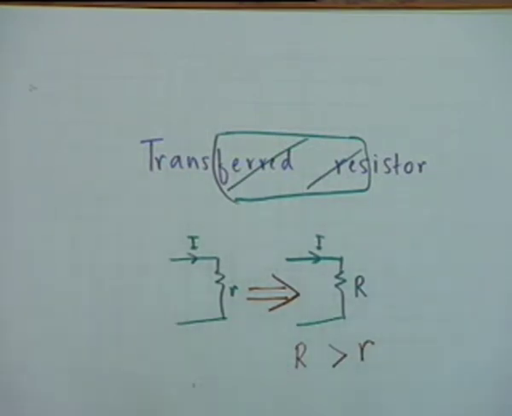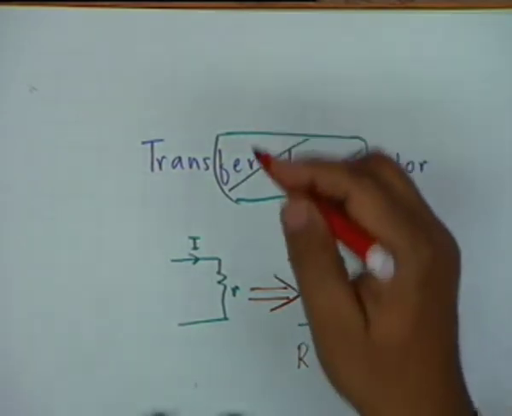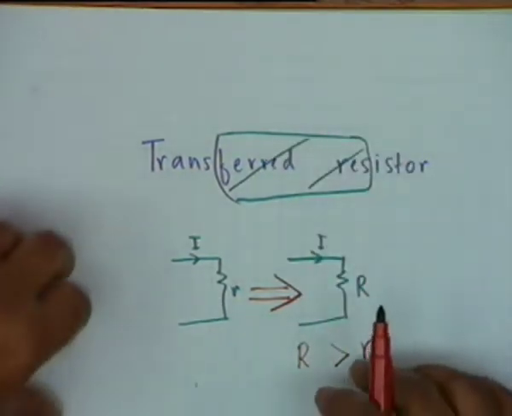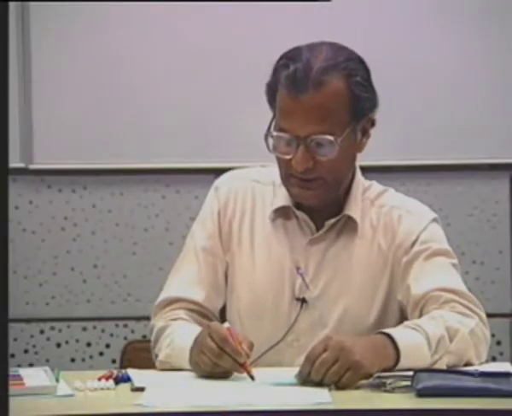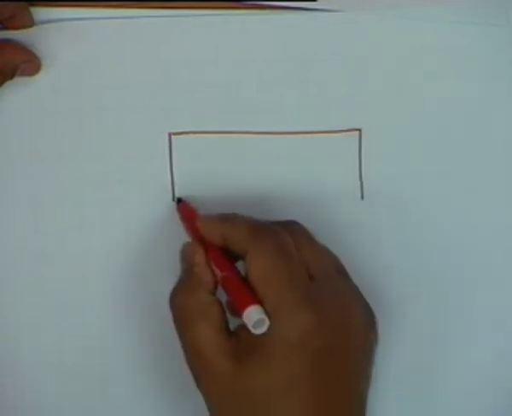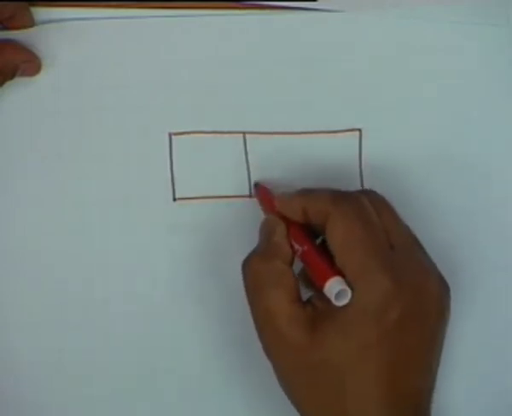Now, to implement this concept, that is to allow the same current to pass through a small resistance at the input and a large resistance at the output, the implementation is that you have two junctions. Instead of one, you have two junctions, and typically you could have, let's say, a PNP configuration like this, where I am showing only a cross section.